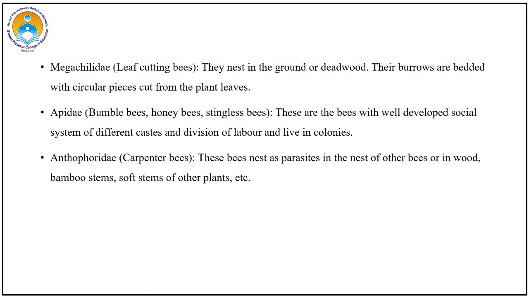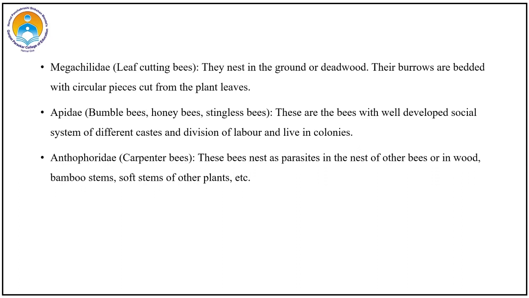Next one is Megachilidae, which are known as leaf-cutting bees. They nest in the ground or dead wood. Their burrows are lined with circular pieces cut from the plant leaves. Next one is Apidae. Here there are bumblebees, honeybees, stingless bees.